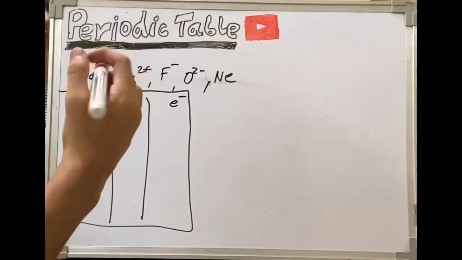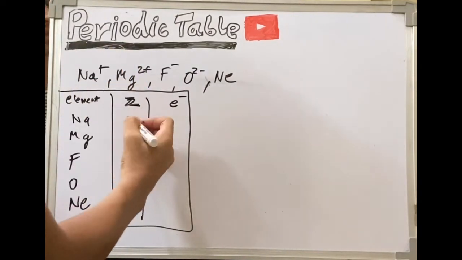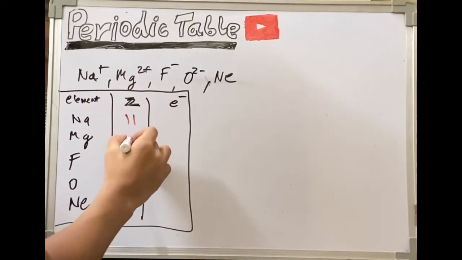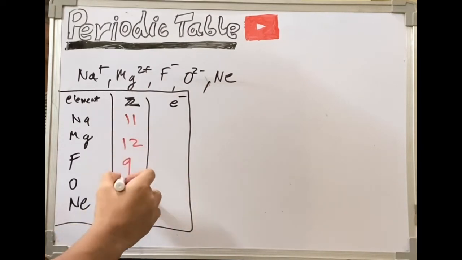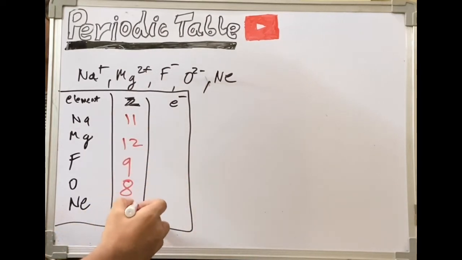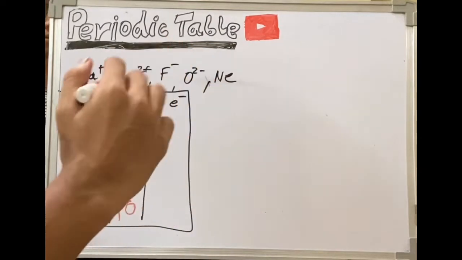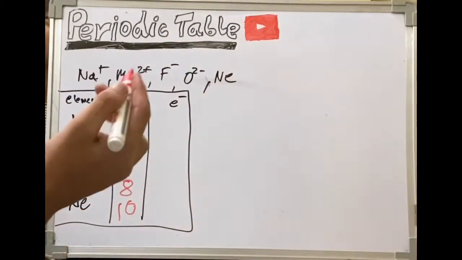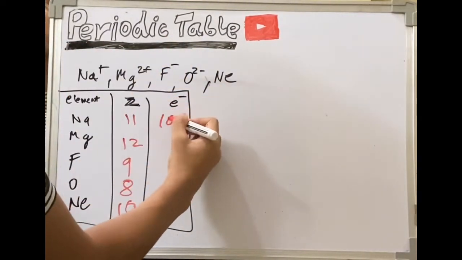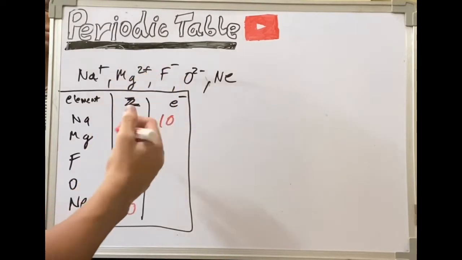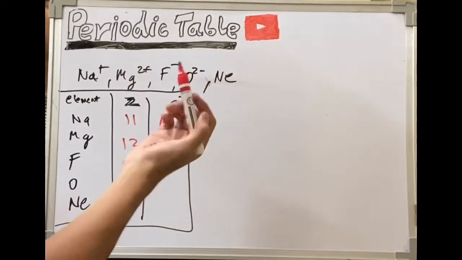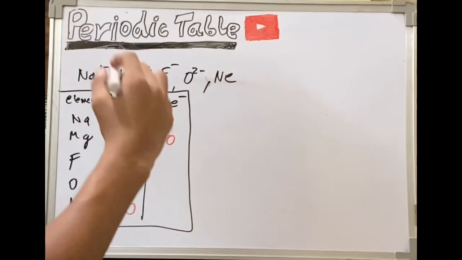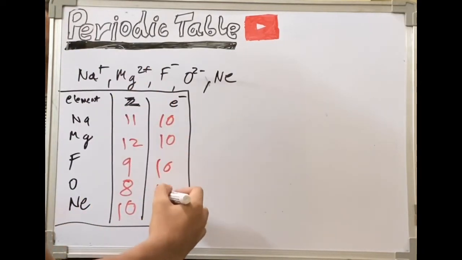We all know the atomic numbers of Na, Mg, F, O and Ne: 11, 12, 9, 8, 10. Now the number of electrons: in Na plus, 1 electron is removed, so the number of electrons will be 10. Similarly in Mg2 plus, 2 electrons are removed, so again 10. Now in F, 1 electron is gained, so 10, 10, 10.